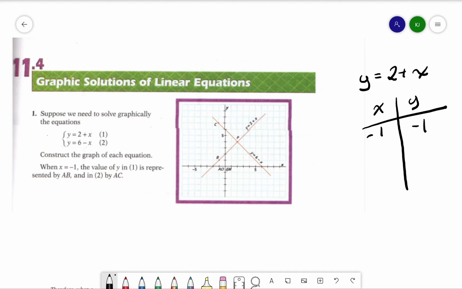We're going to do the same thing for our other one, y equals 6 minus x. So if x equals -1, then y is going to equal 7.